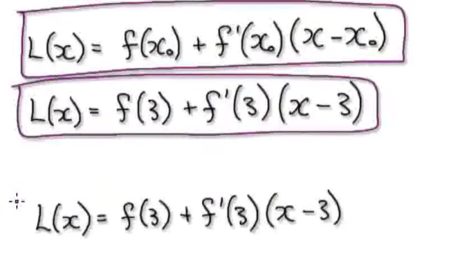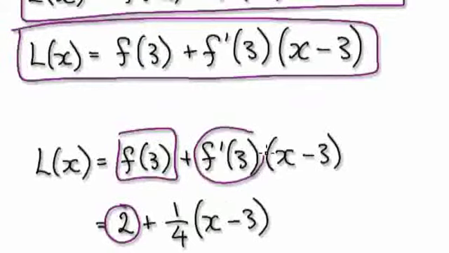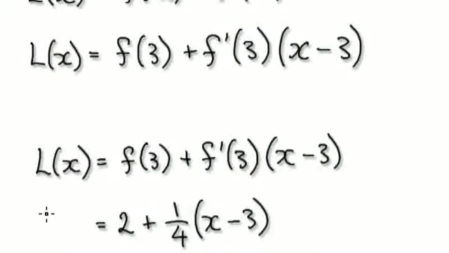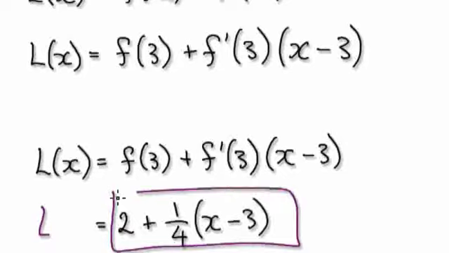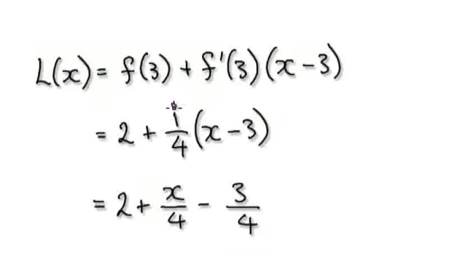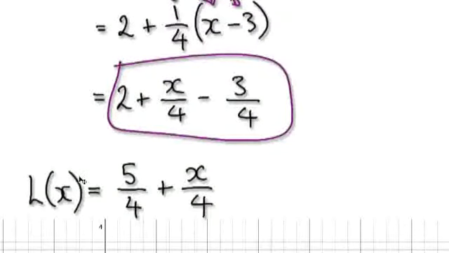Now just work it out. This box here is really 2. This derivative here is really this quarter, and then you just follow it through, and this is really the same as the equation of our tangent line. Then tidy up. So this times this times this will give you this, and then it will give you this.